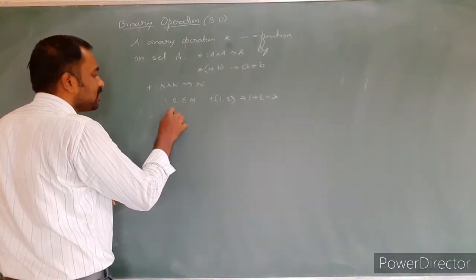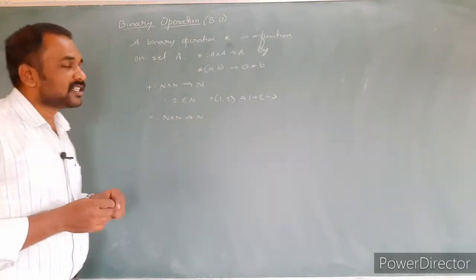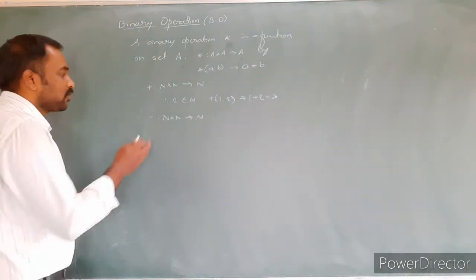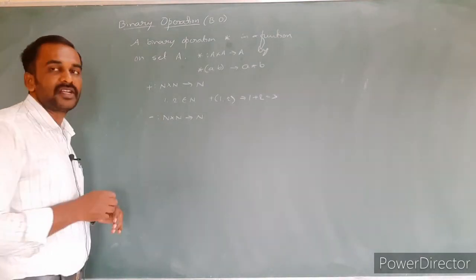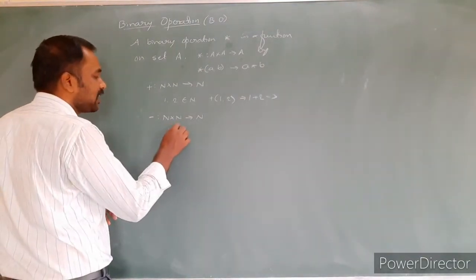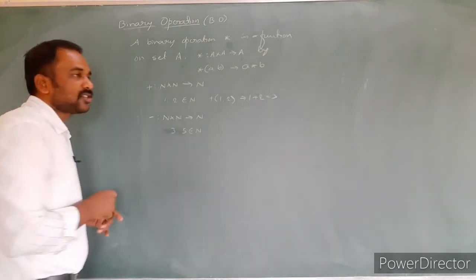Subtraction, here subtraction is from N cross N into N. Now in this case subtraction is not a binary operation on the set of natural numbers. Why? Because the difference of any two natural numbers is again not always a natural number. For example, again I just consider 3 and 5 as natural numbers.